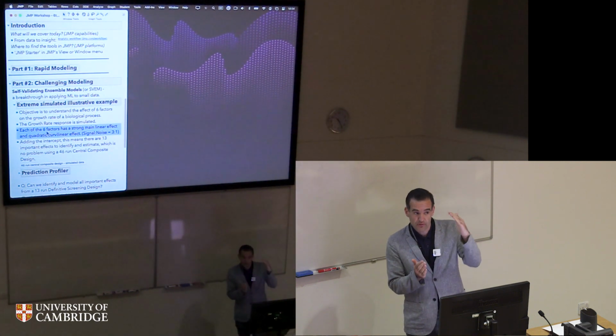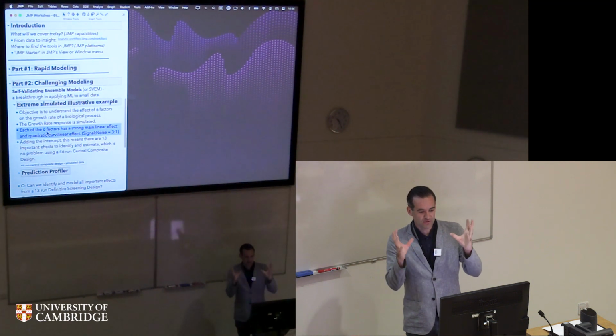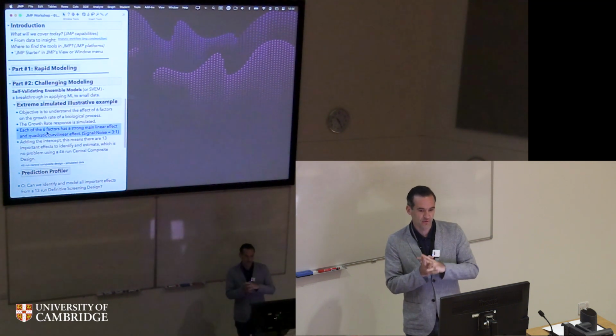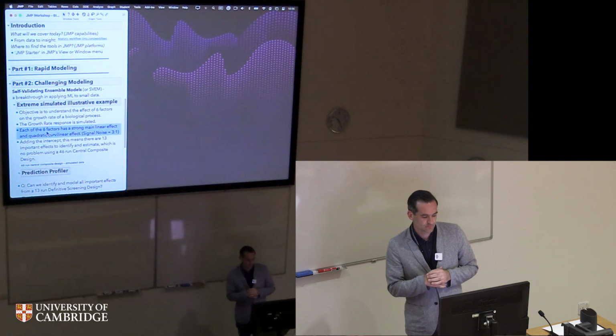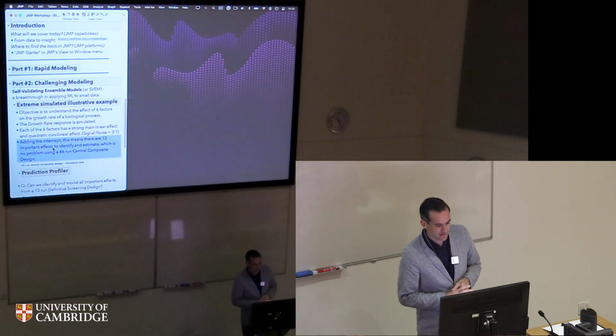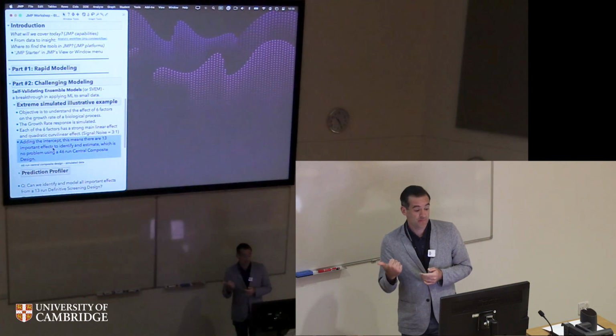We've simulated it with some noise, as we get in real life science and engineering experiments, but such that the actual signal, the effect of the factor, is 3 times the size of the random noise that we're adding to the data. And adding the intercept means that we've got 13 parameters to estimate, 13 effects, behaviors that we need to uncover in our data.